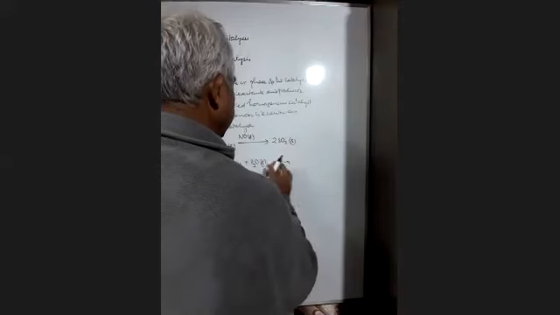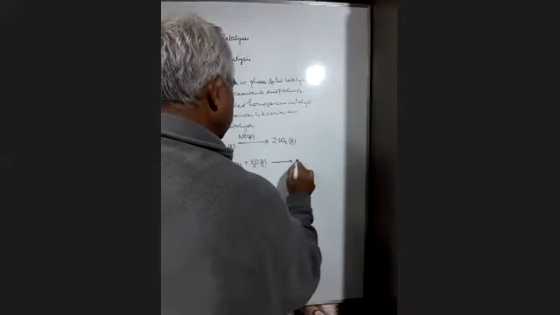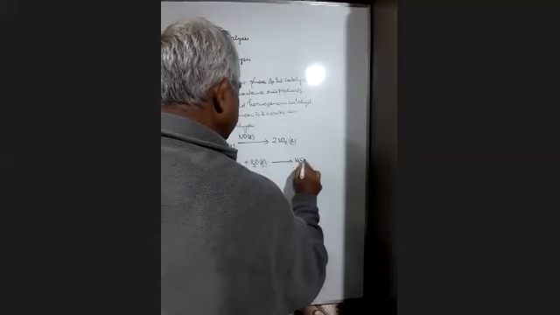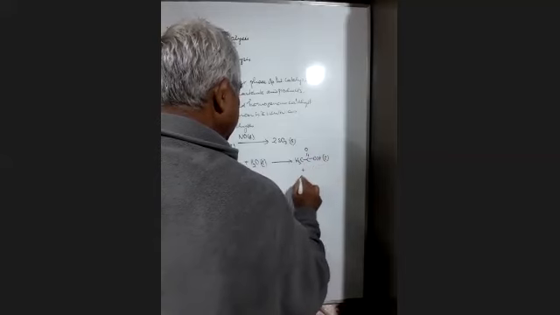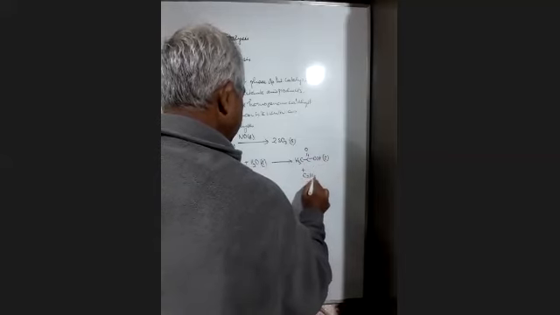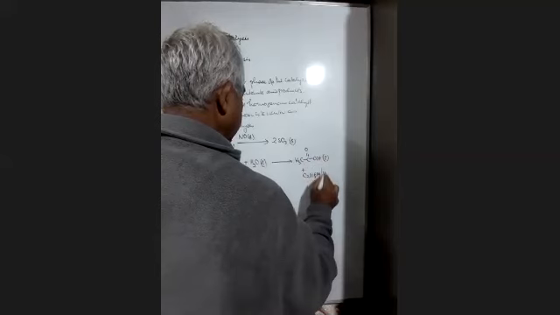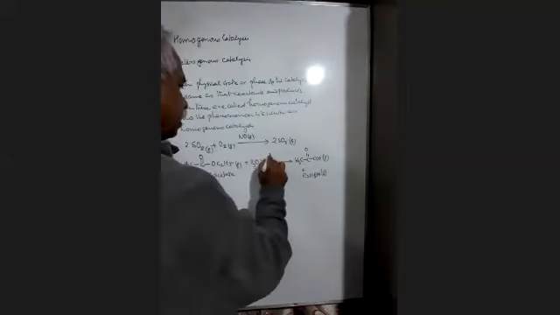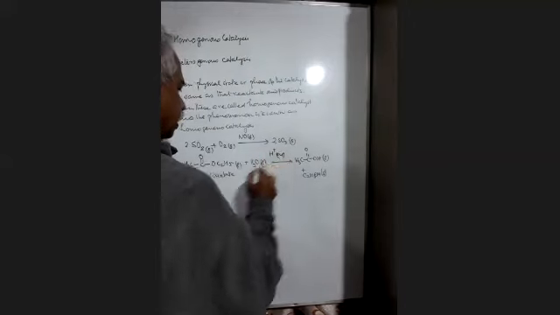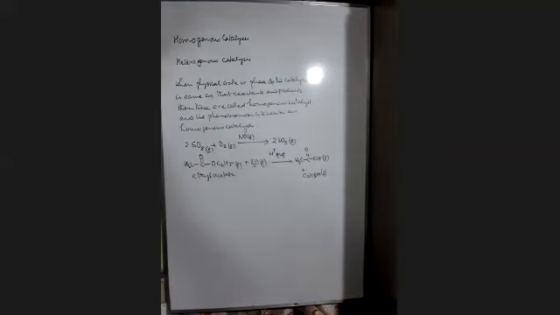It undergoes hydrolysis, water reacts, and you get acetic acid, which is also liquid, and ethanol, which is also liquid. In this case we use aqueous mineral acid. This is also an example of a homogeneous catalyst.